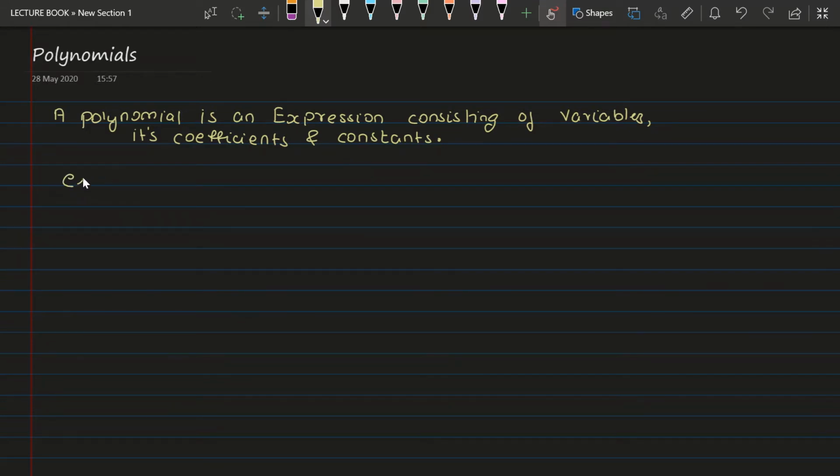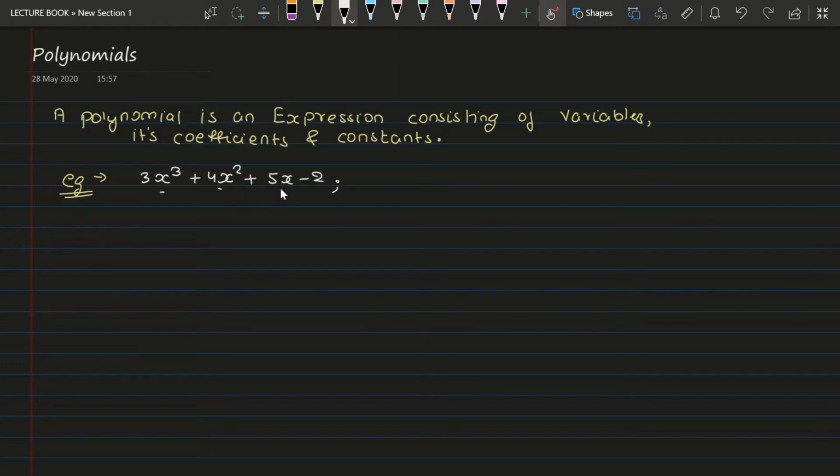For example, 3x cubed plus 4x squared plus 5x minus 2 is a polynomial.